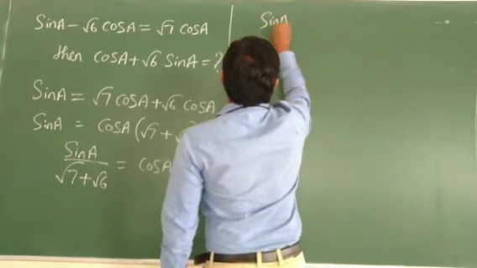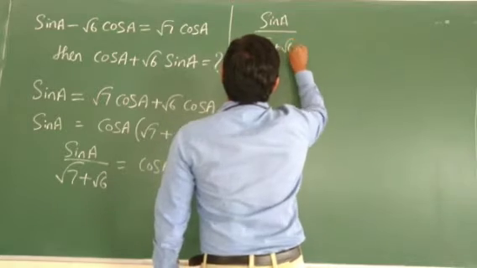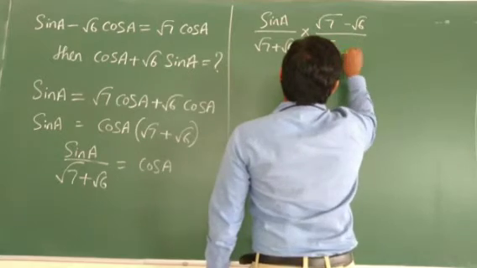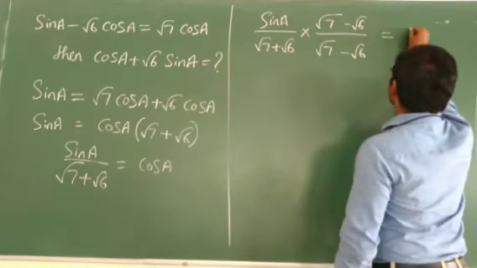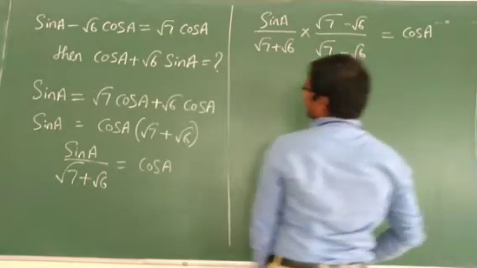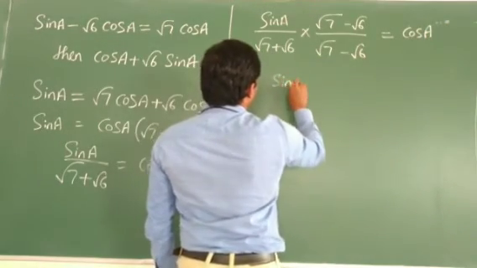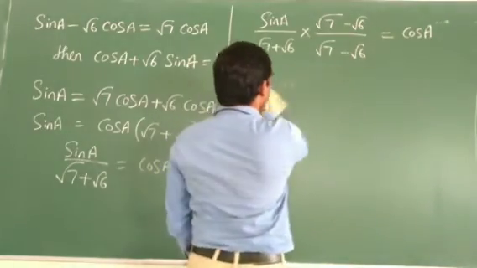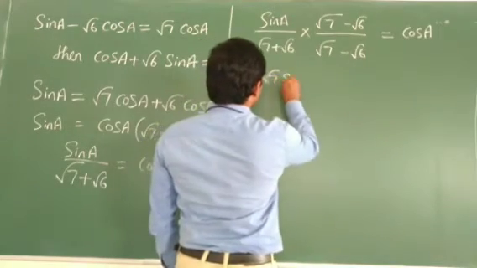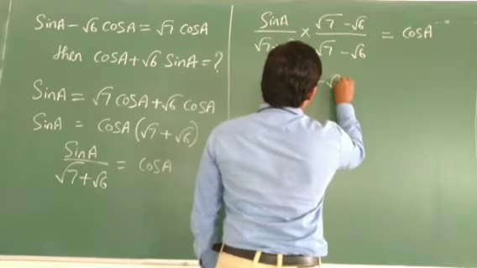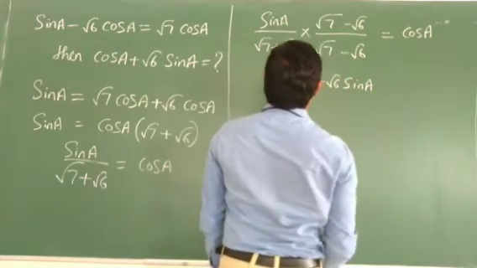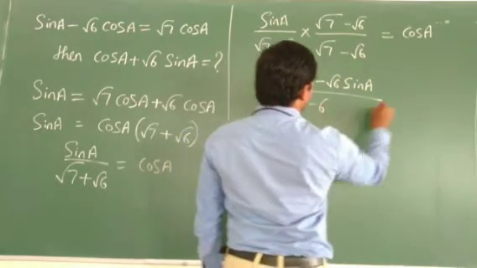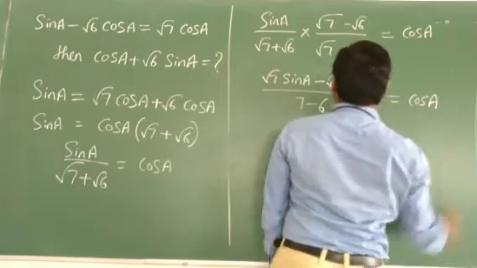Sin A by root 7 plus root 6 into the rationalizing factor root 7 minus root 6 by root 7 minus root 6, that is equal to cos A. So in the numerator, sin A into root 7 minus root 6 sin A. In the denominator, A plus B into A minus B, that is 7 minus 6.